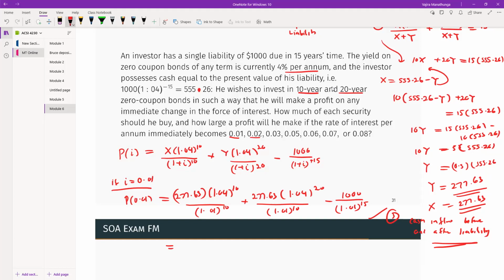277.63 times 1.04 to the 10, then divide by 1.01 to the 10. So this one is 372.0369.